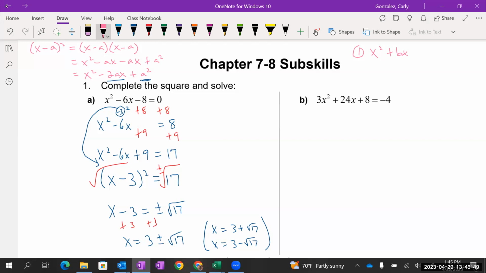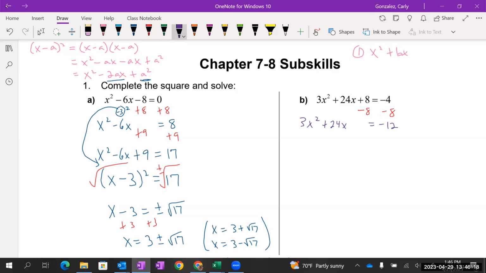All right, so again, we're going to first try and isolate the x squared plus bx. In this case, I'm going to move that c term over, so I'm going to subtract the 8 over: 3x squared plus 24x, leave some space, equals -12.